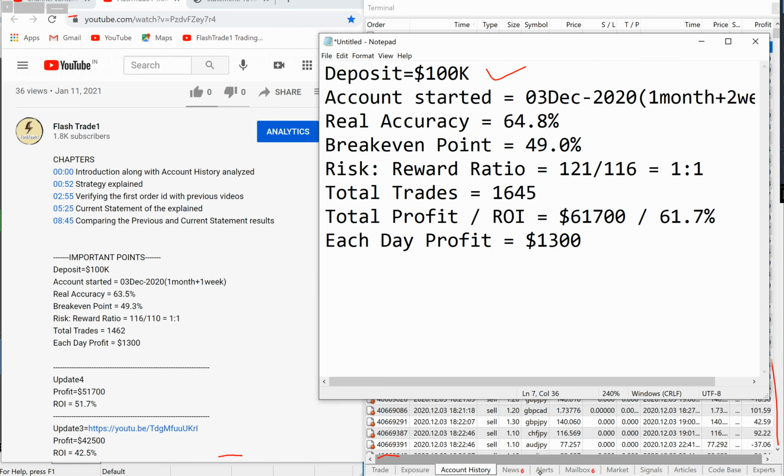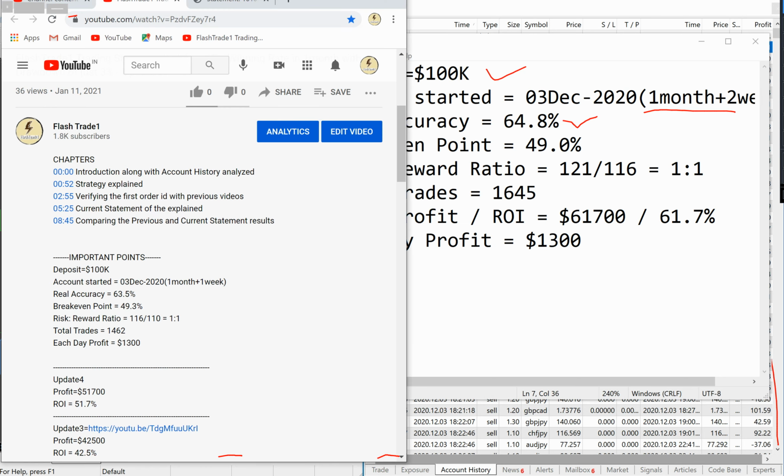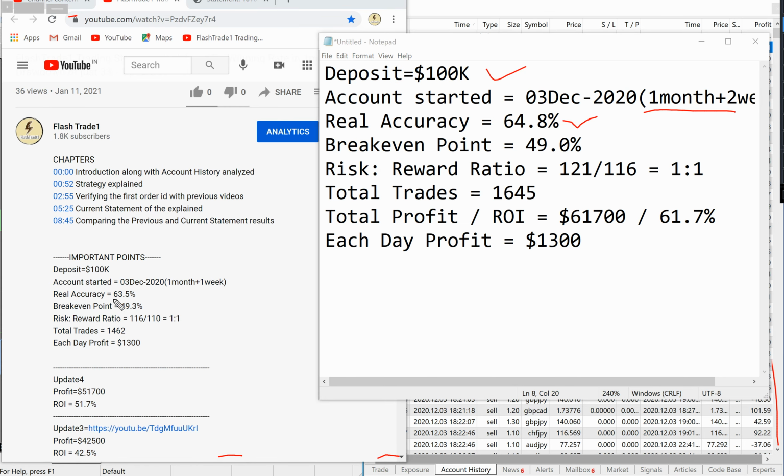So here 1 month and 2 weeks have been completed on this account. Real accuracy of the account at the current stage is 64.8, while during the previous update the real accuracy of the account was 63.5. So here our trading accuracy or trading pattern has improved.